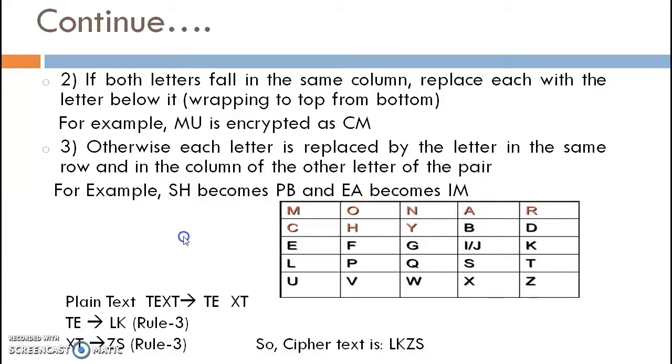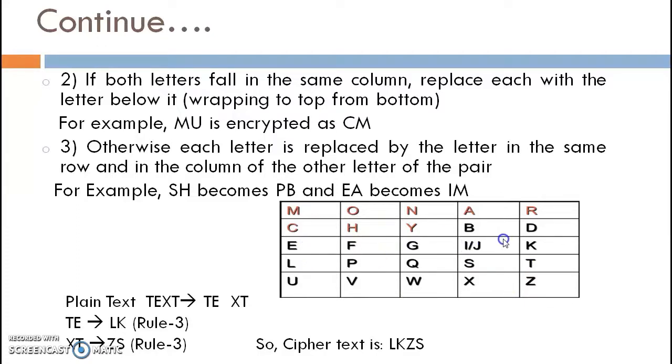Now following these three rules, consider that our plain text equals TEXT. It is converted to pairs of two characters and becomes TE and XT. TE is replaced with LK as shown in the figure as per rule number 3, since T and E are not in the same row and not in the same column.